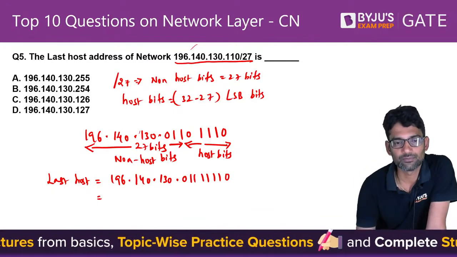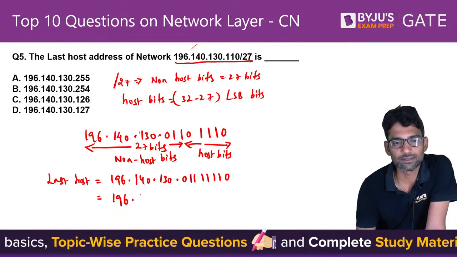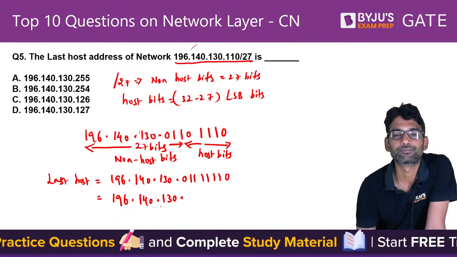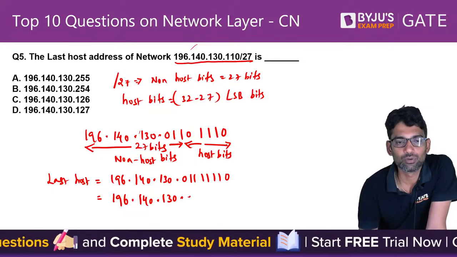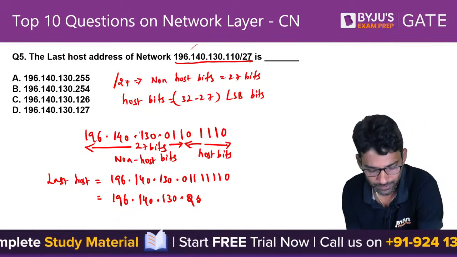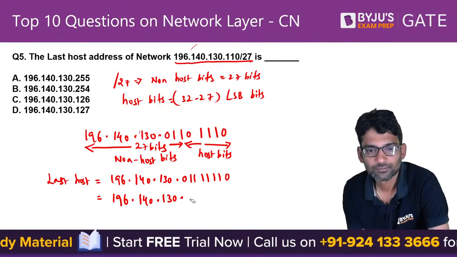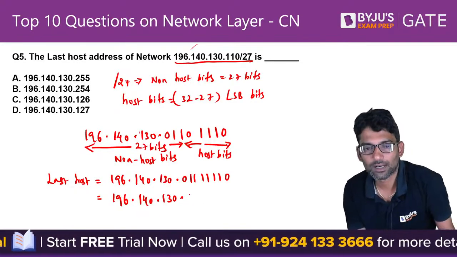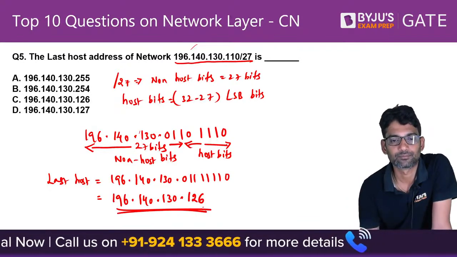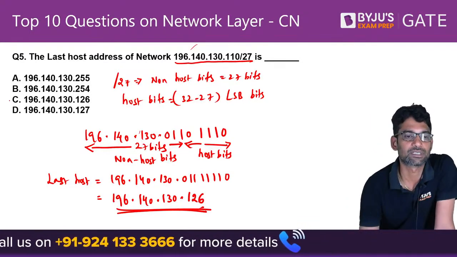So this would be 196.140.130. It is 250, not 200, sorry, 126. So option C is the right answer.